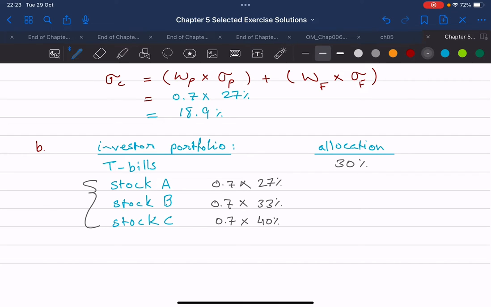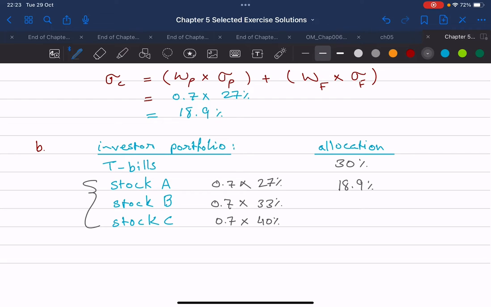All right. Now we just run the numbers. 70% multiplied by 27%. That will give us an allocation of 18.9%.